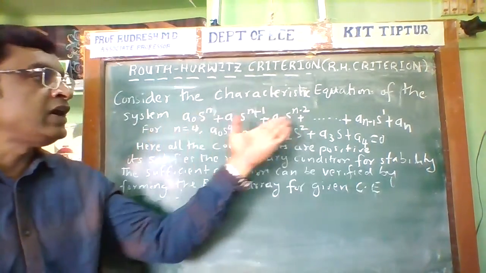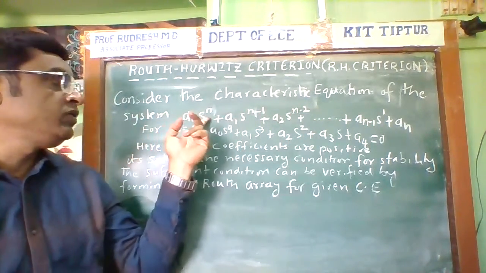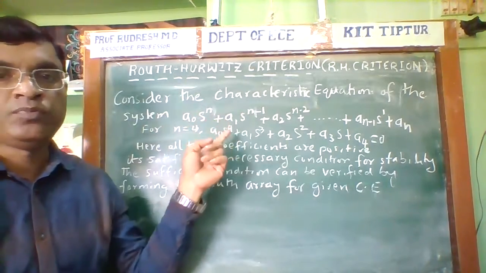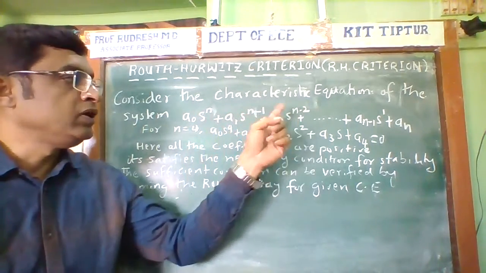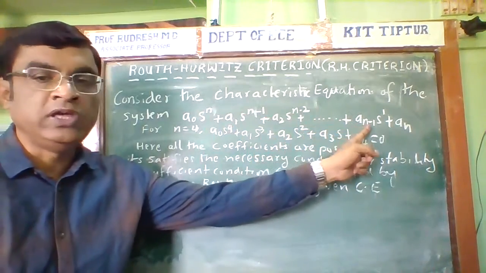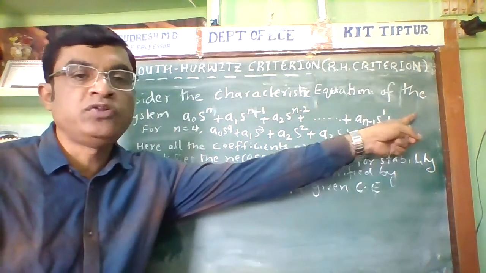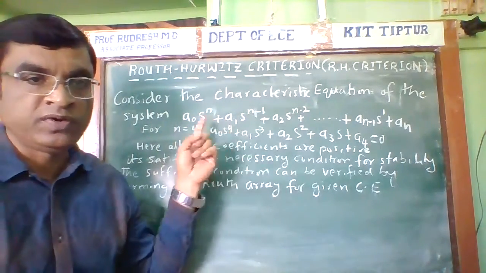Now this is the general characteristic equation of the system: a0 s^n plus a1 s^(n-1), plus a2 s^(n-2), plus and so on, up to a(n-1) s^1 plus an s^0. This is the generalized characteristic equation of the closed loop transfer function.